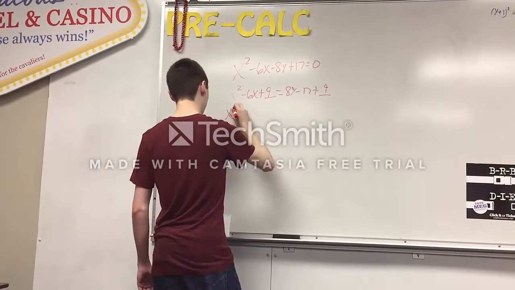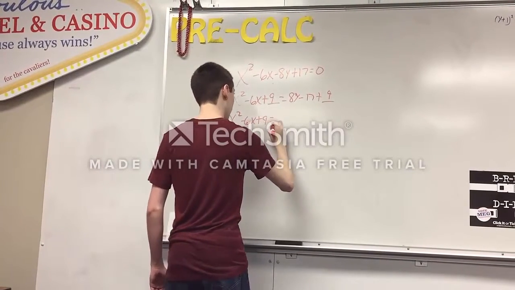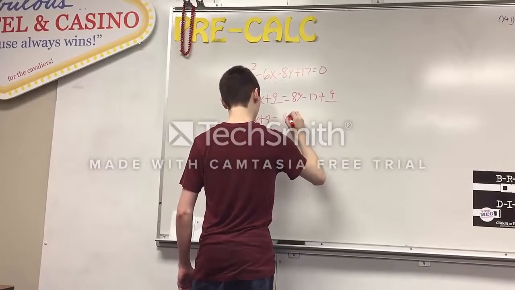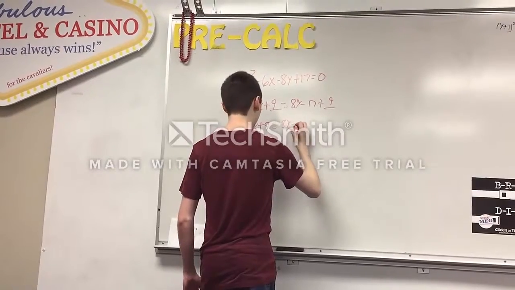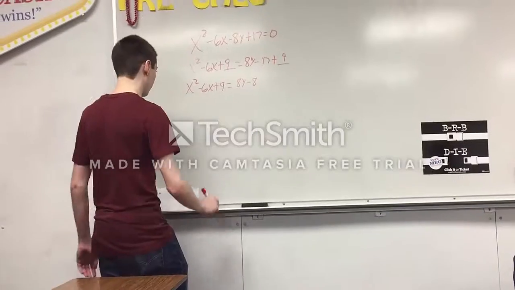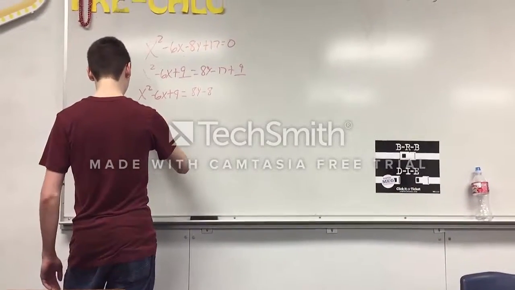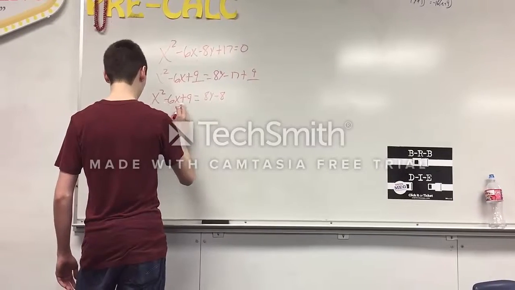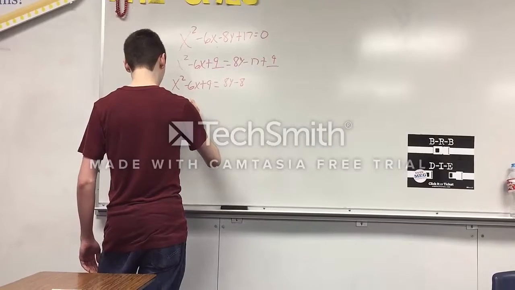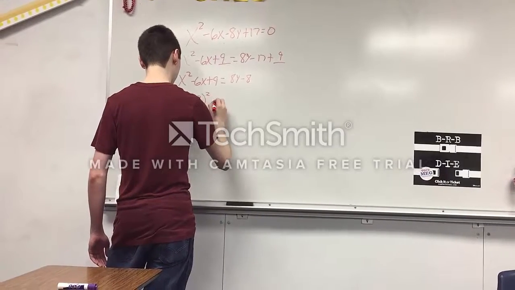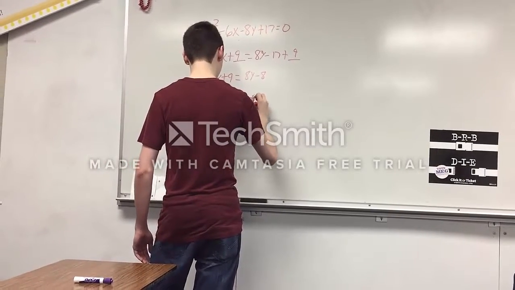So we have x squared minus 6x plus 9 equals 8y minus 8. We're going to factor the perfect square trinomial into a binomial. So the shortcut is just take whatever you did, half of that, so 6 divided by 2 is 3, so x minus 3 squared equals 8y minus 8.